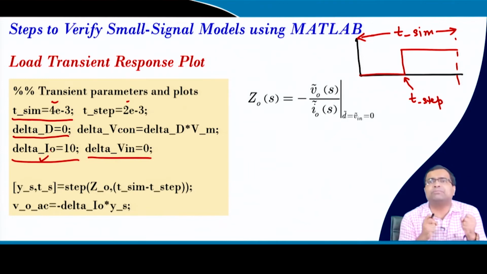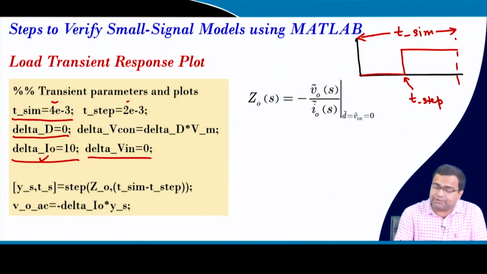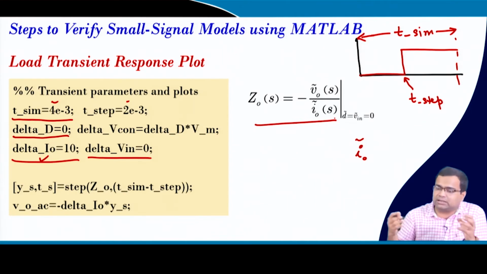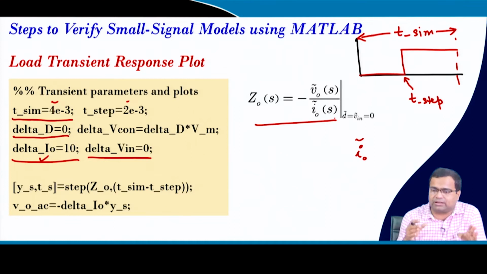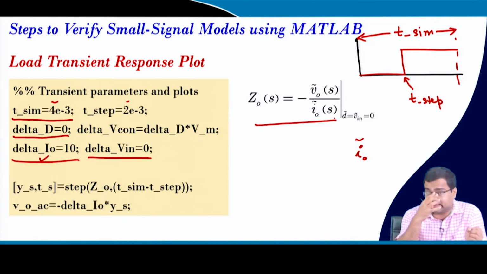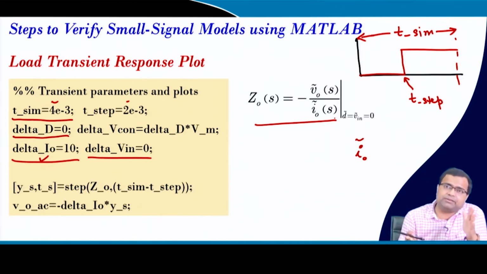It is the output impedance that decides this, because if you operate under fixed duty ratio and fixed input voltage in the small signal transfer function, the output voltage will be affected if you excite from an external current source. That effect can be modeled using output impedance.